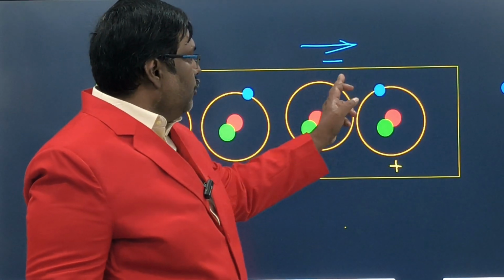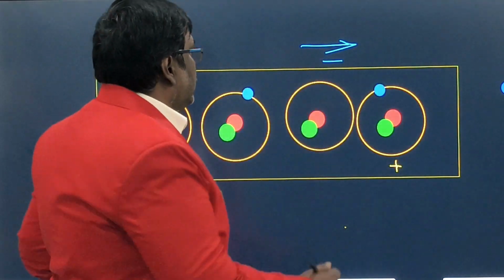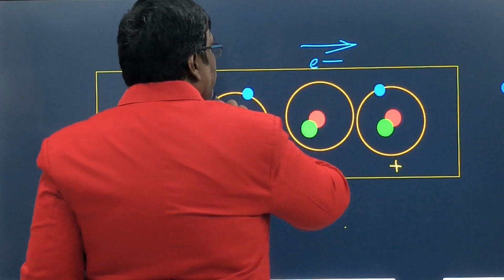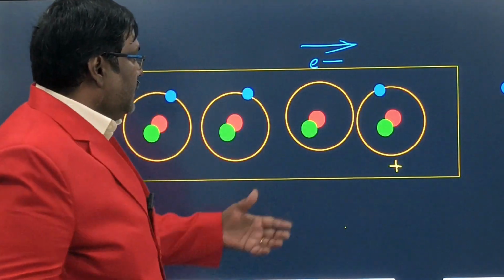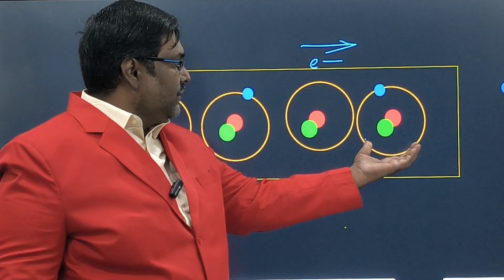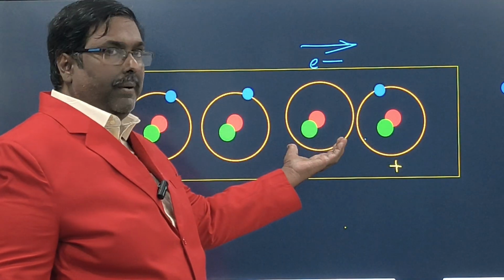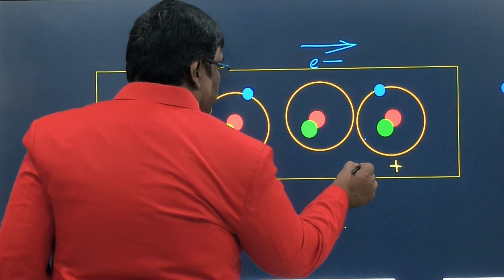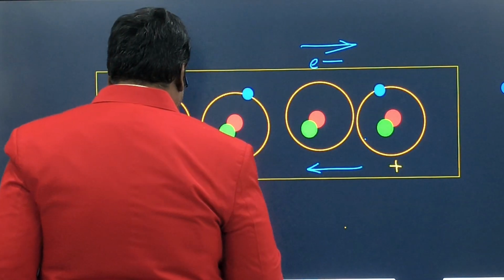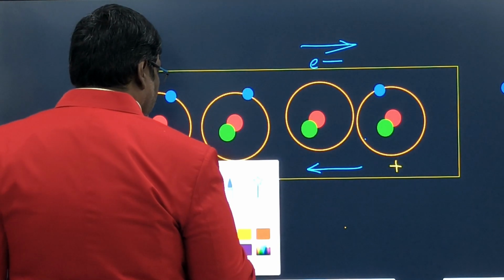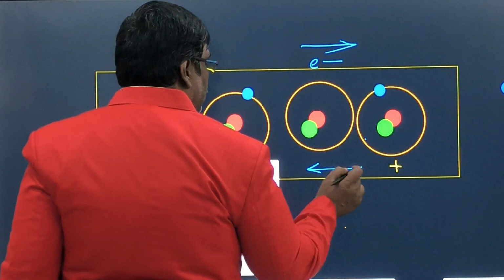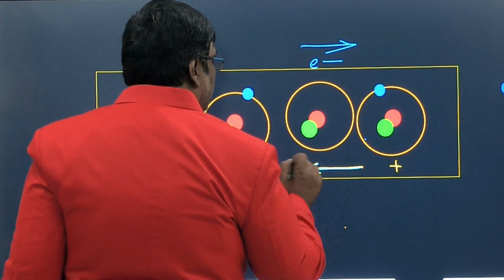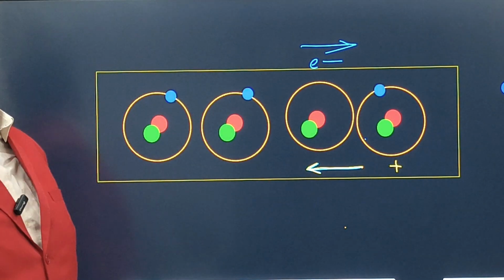So the electron is moving in this direction. Negative charge, e minus, is going this way, but the positive charge, initially it was a positive charge, now this becomes a positive charge. So the positive charge is moving in the opposite direction.